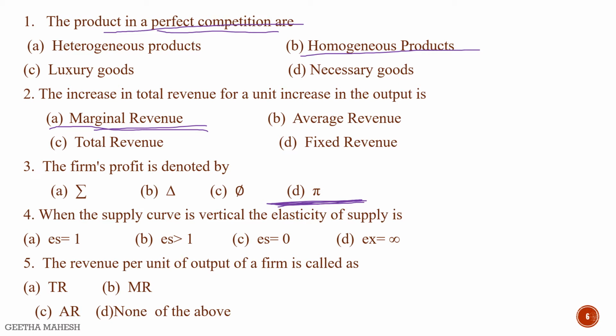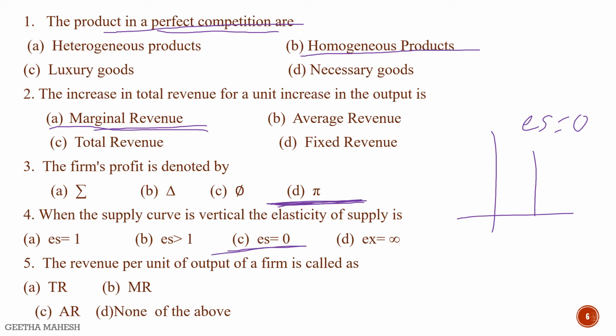When the supply curve is vertical, the elasticity of supply is equal to 1, greater than 1, equal to 0, equal to infinity. See, when supply curve is vertical, then the elasticity of supply is equal to 0.